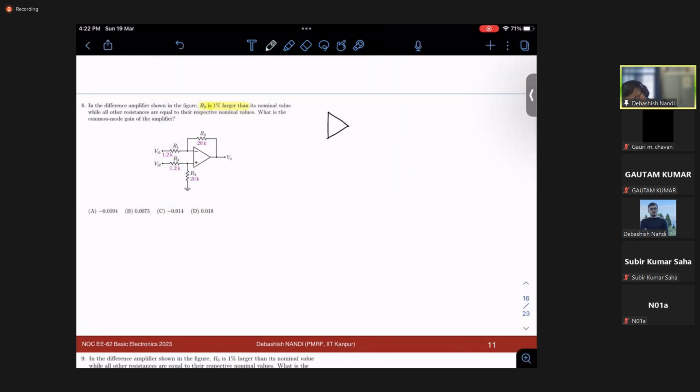Now this is my 20K. This is my 1.2K. This is 1.2K. But this now is 20.2K, 1% larger. So how will I go about solving this?